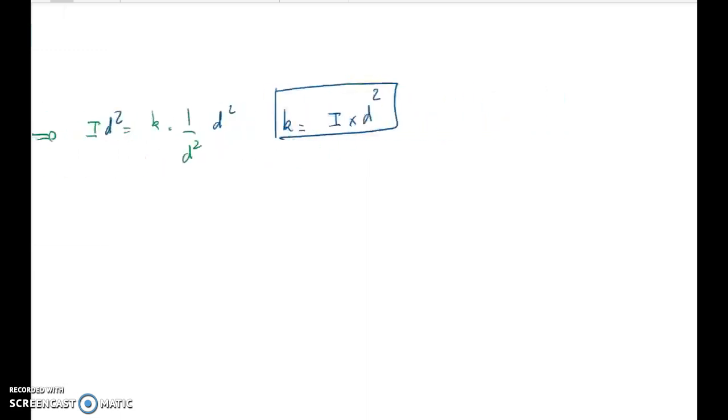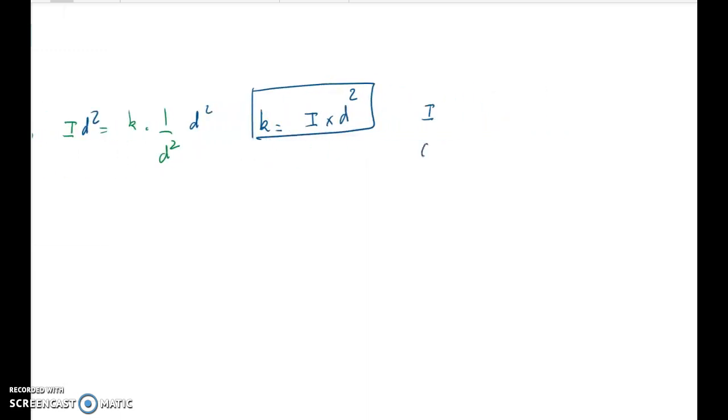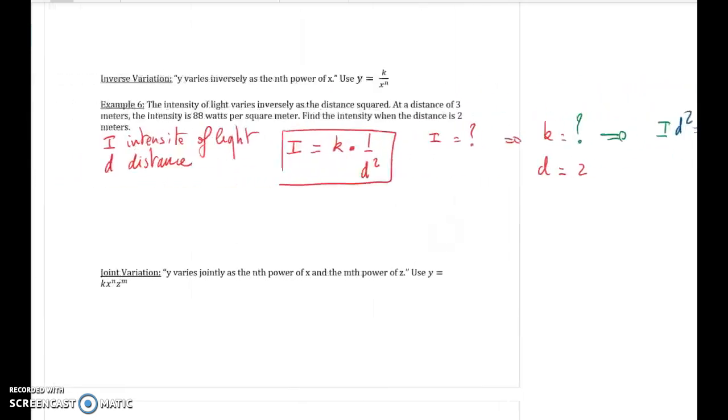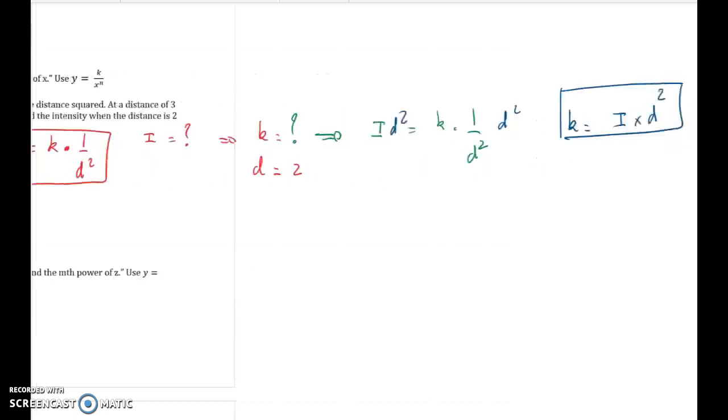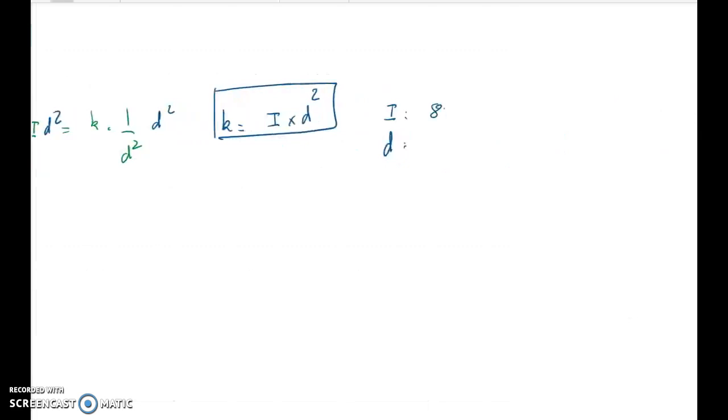To find k, I need to know I and d. If you look at the problem, they are telling you that when the distance is 3 meters, the intensity is 88 watts per square meter. So we have 88 watts per square meter, and the distance is 3 meters.